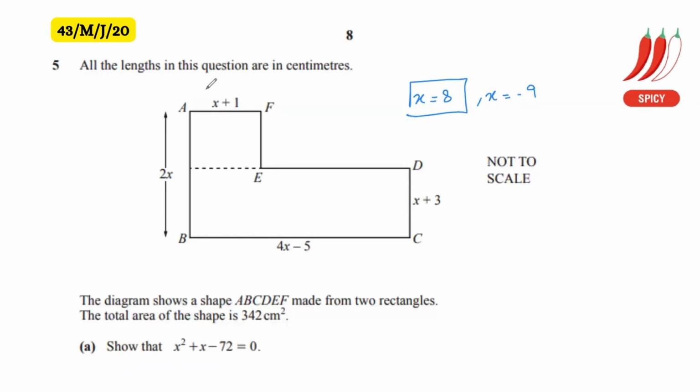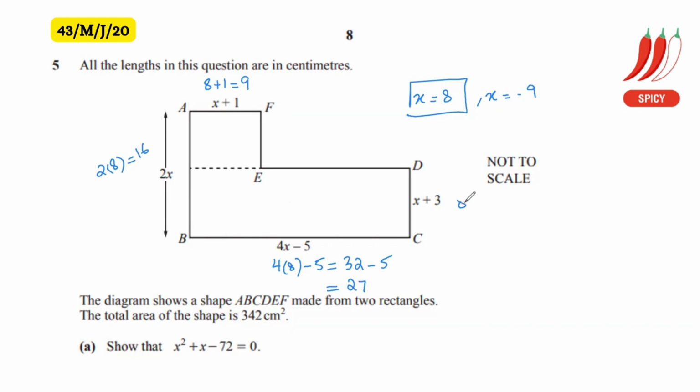So as you can see, AF will be 8 plus 1, which is 9. AB will be 2 times 8, which is 16. BC will be 4 times 8 minus 5, which is 32 minus 5, and that is 27.